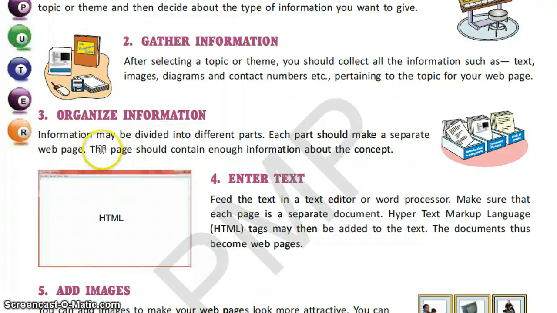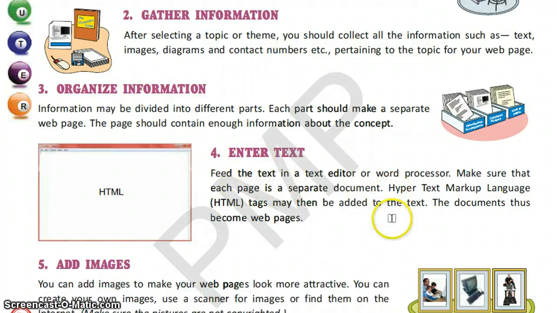Then organize the information sequentially: where the text will be displayed, where the images should be put. Everything you have to first organize. Then enter the text. Now start entering the text. Put the text wherever you want it, type it sequentially, and then use the specific HTML tags inside that document.